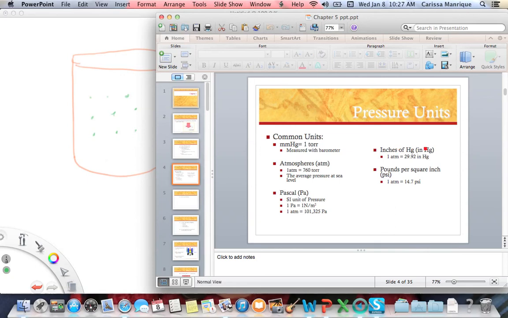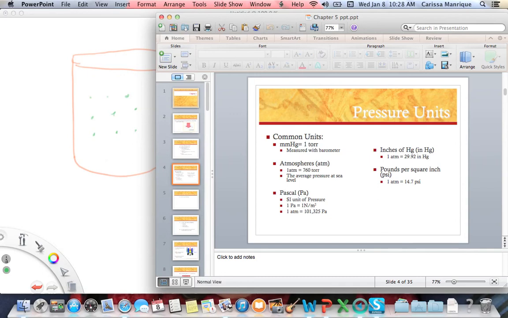There's inches of mercury, not to be confused with millimeters of mercury, and pounds per square inch, or PSI. Those are all units of pressure. And so you might have heard of all of these. You've heard of an atmosphere, maybe a torr, millimeter of mercury, or PSI. These are just all ways of saying I measured pressure, okay?